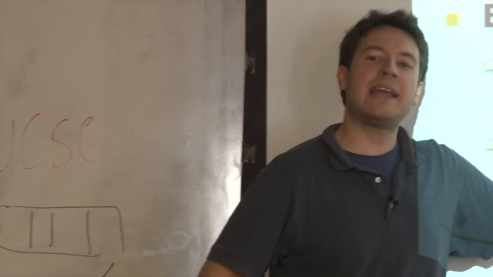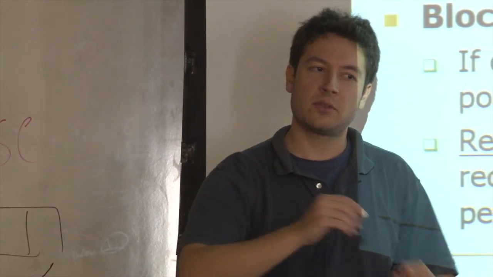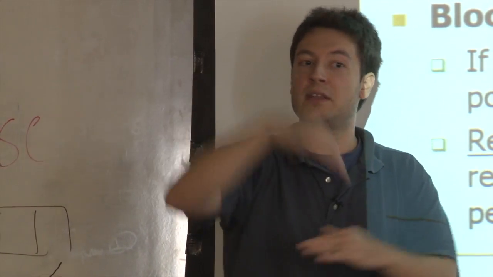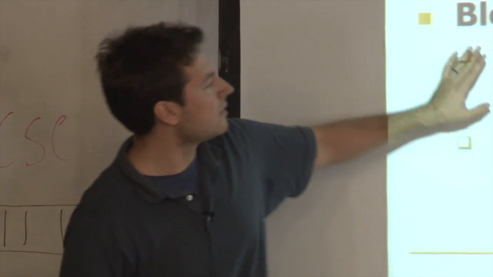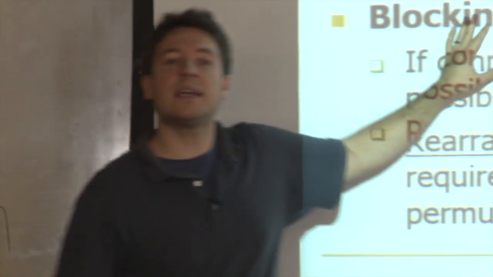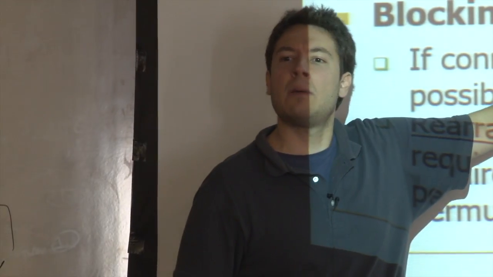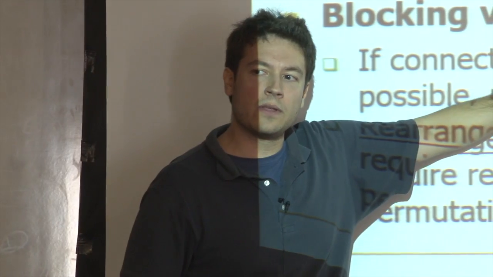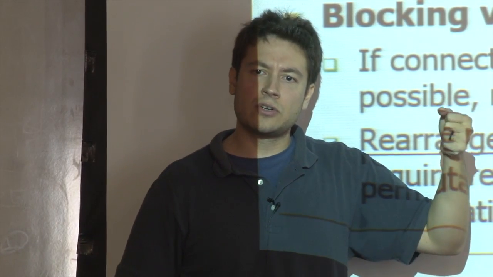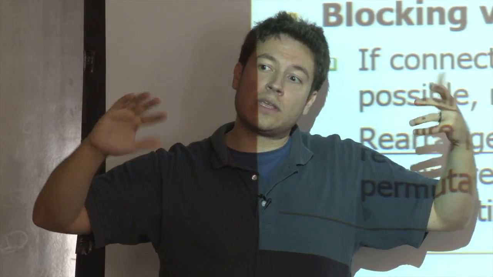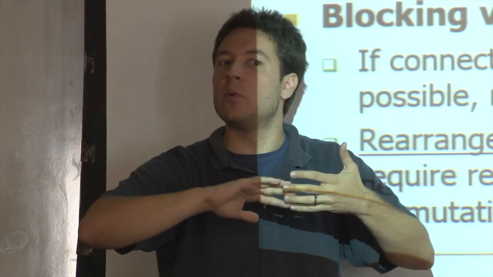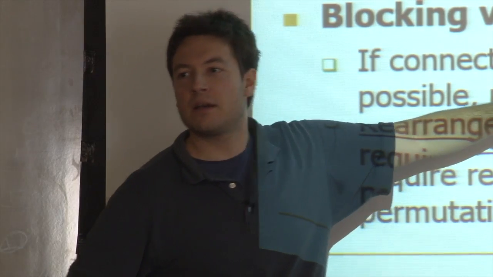That means I could connect them, but I would have to break down all of the connections and reestablish them in a different path. This is not that important, but I left it here for completeness. But this you should keep in mind. If somebody tells you that a fabric is non-blocking, that is a pretty strong property. That means if I have a set of processors and a set of caches, and these two are communicating in a feasible way, the network is not going to block them.